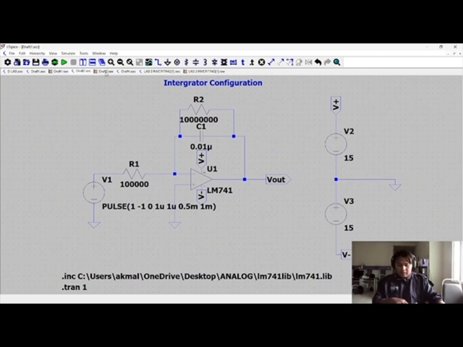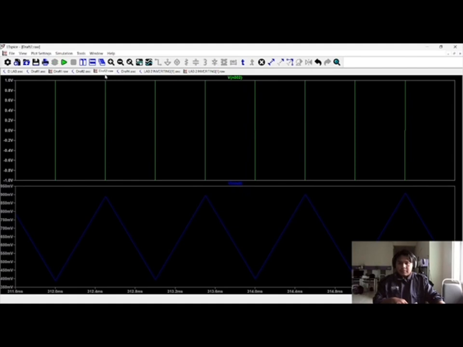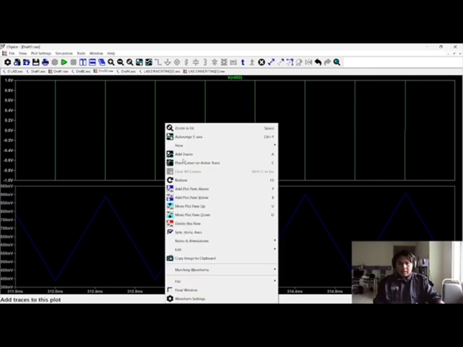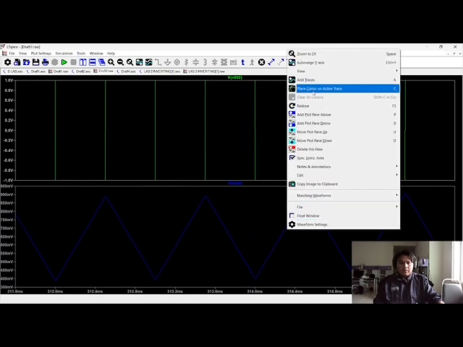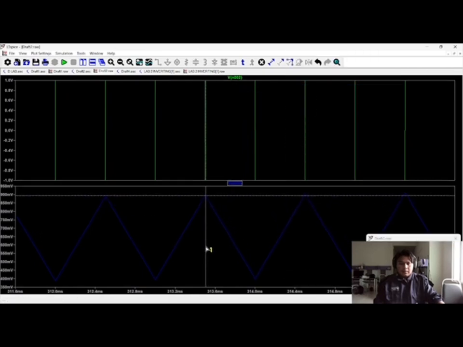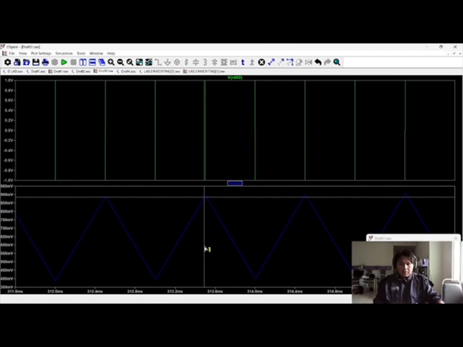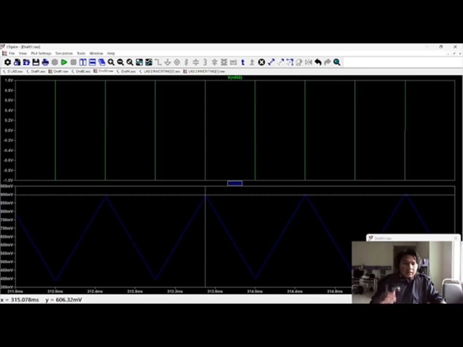And for the waveform, we have the V in equal to 1 V and 1000 Hertz square wave, and the output is a pulse, and the value for the V out is, we get 0.9 volt.